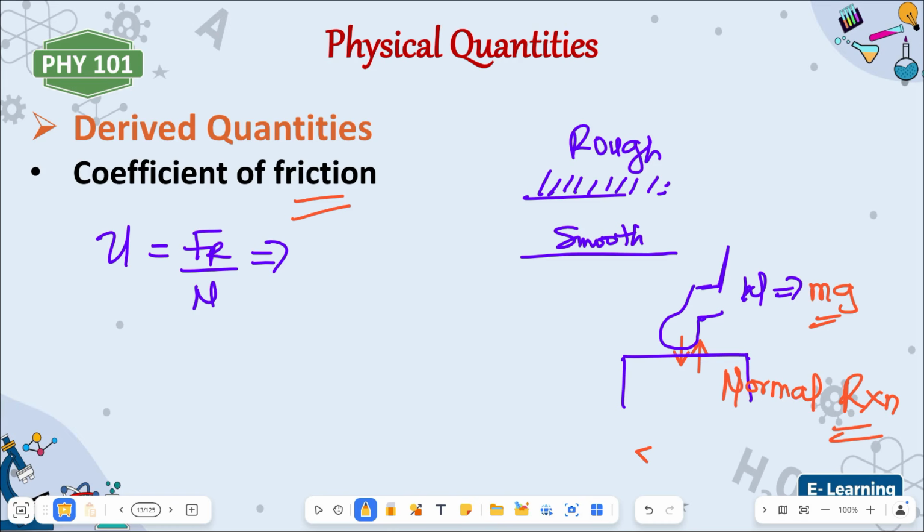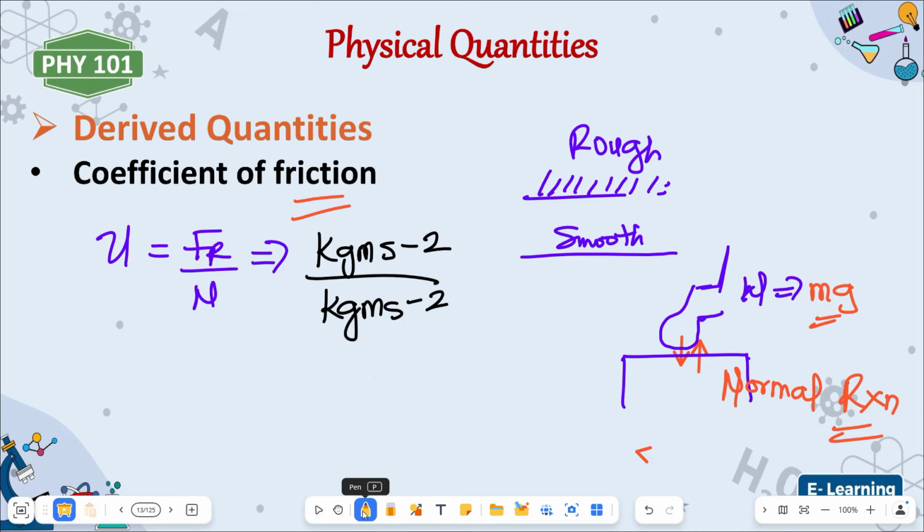So frictional force over normal reaction. Normal reaction is a force, and frictional force is also a force. Take note. Normal reaction is what? A force. Frictional force is also what? A force, my dear student. So at the end of the day, frictional force over normal reaction is force over force. The unit for force is kg meter per second square. Normal reaction is also a force, so the unit is kg meter per second square.